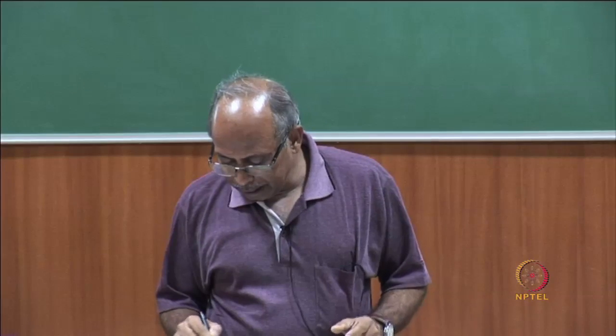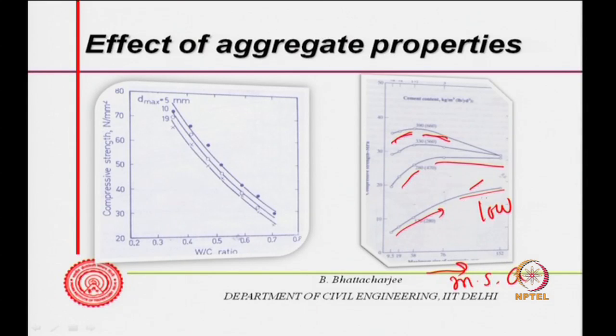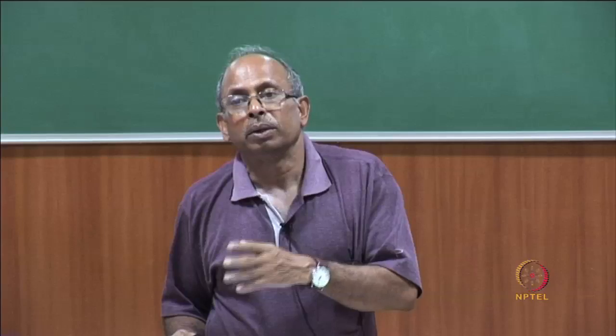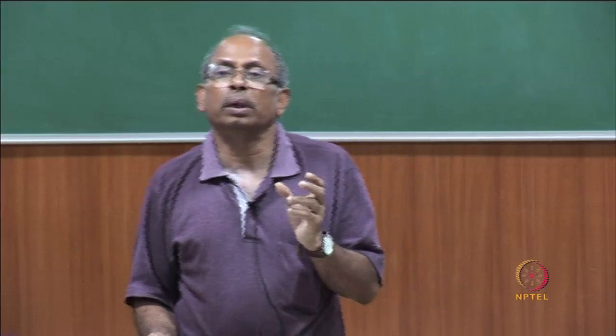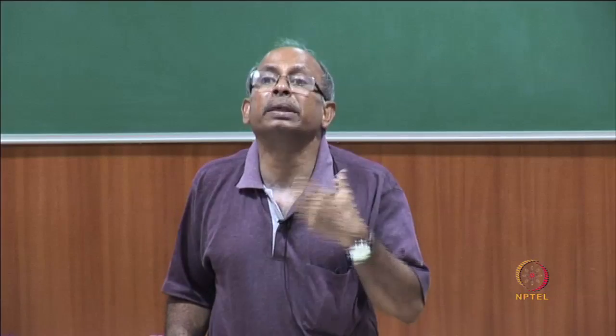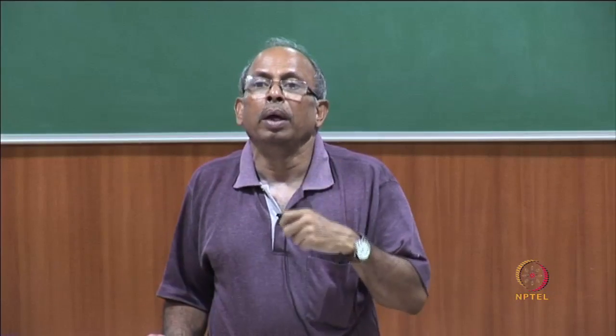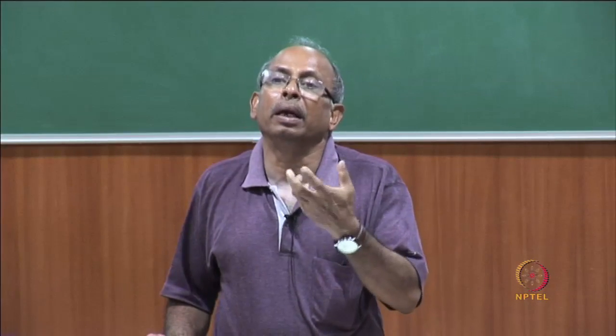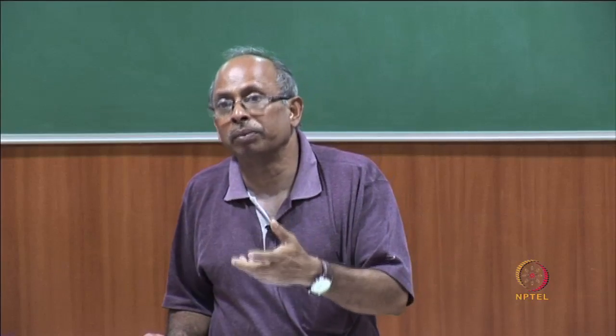So, with MSA increasing, strength increases in the beginning, but here, for the high cement content situation, the strength increases and then starts decreasing. What we find is that in mass concrete, where paste is relatively low, overall strength is also low. There you can accommodate larger aggregate without compromising the strength.